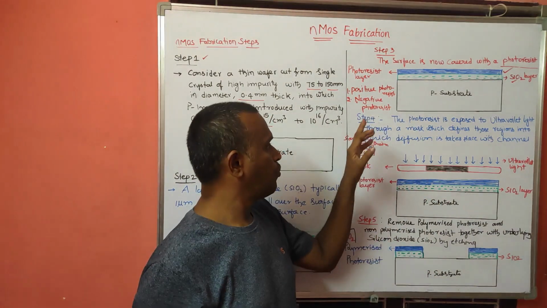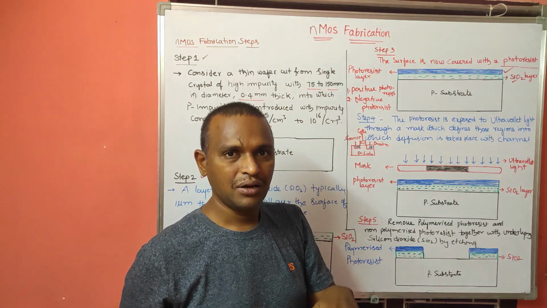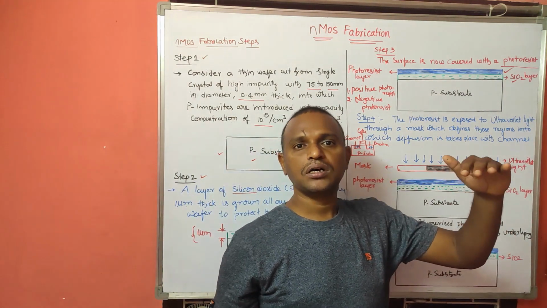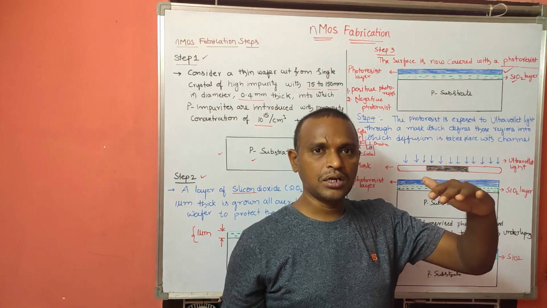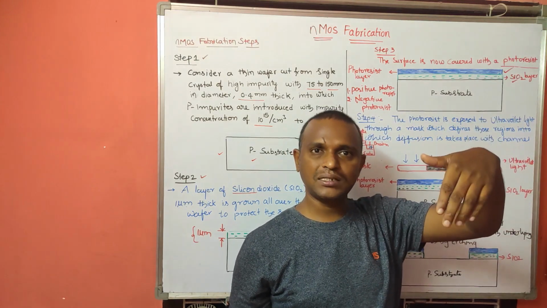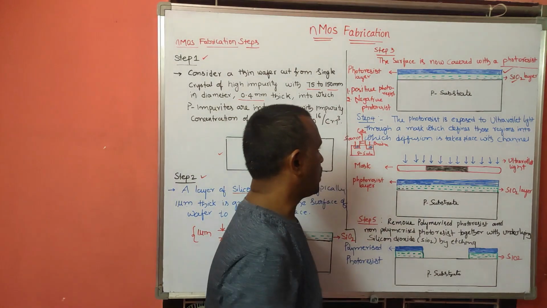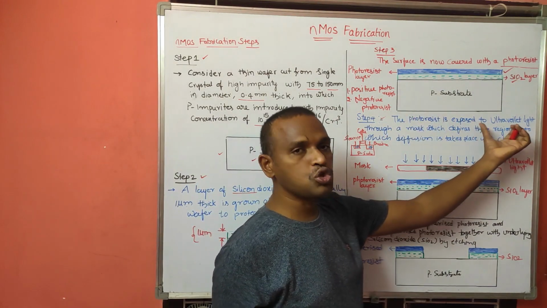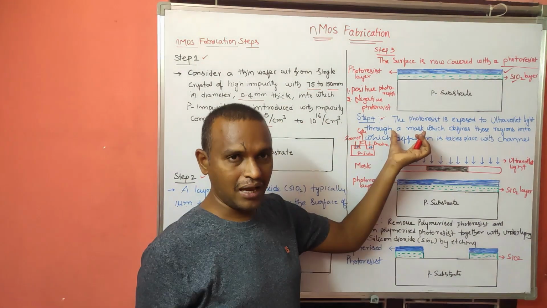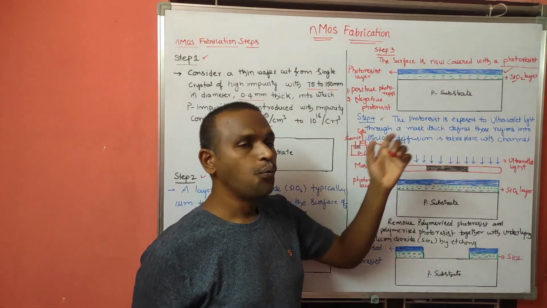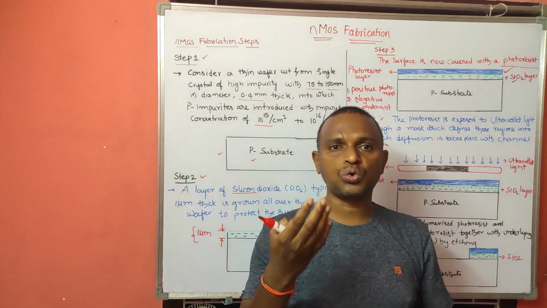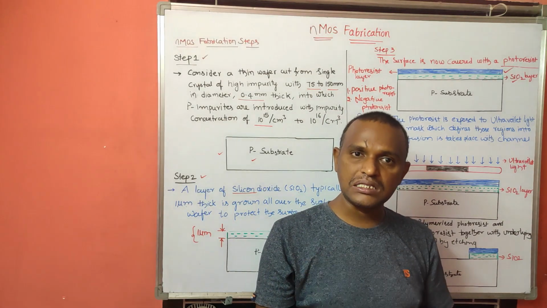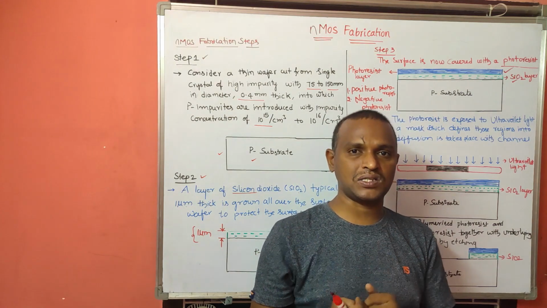Similarly, here also we will prepare a mask, and we will place that mask on the photoresist layer so that we can pass the UV light. Here the photoresist is exposed to the ultraviolet light through a mask where we are going to define our source, drain and gate regions, including the transistor channel.